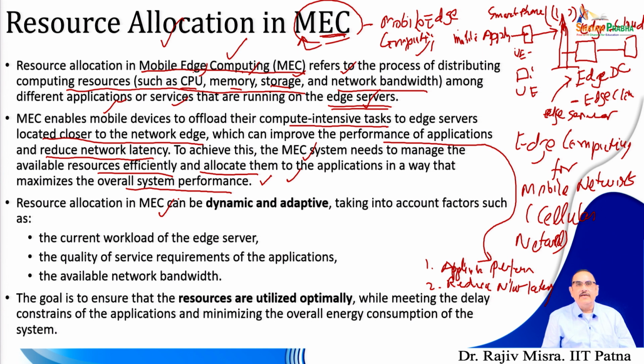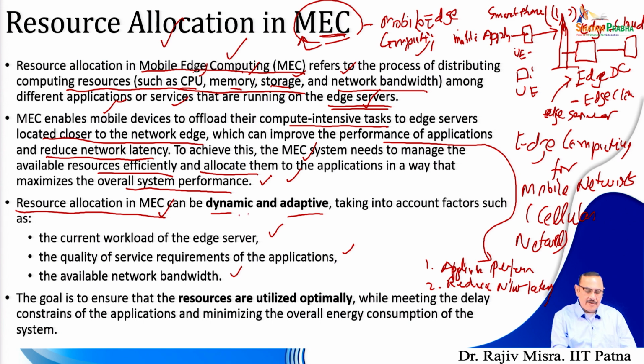So, resource allocation in MEC can be dynamic and adaptive, taking into account factors such as the current load at the edge server, the quality of service requirement of the application and the available network bandwidth. So, these are three important features or parameters required for resource allocation in MEC.